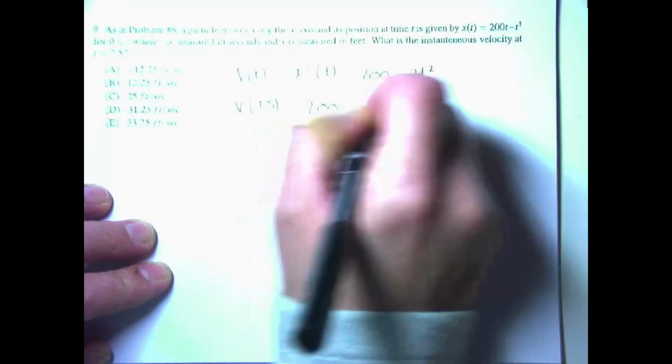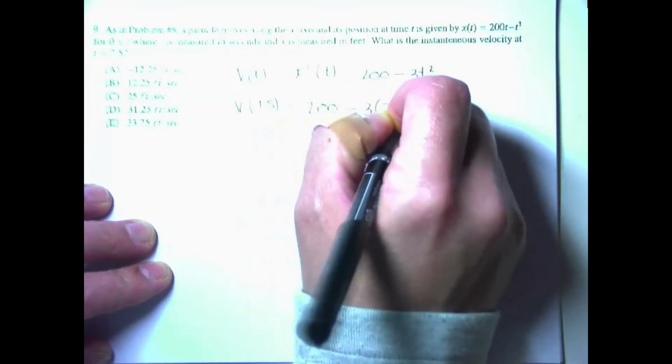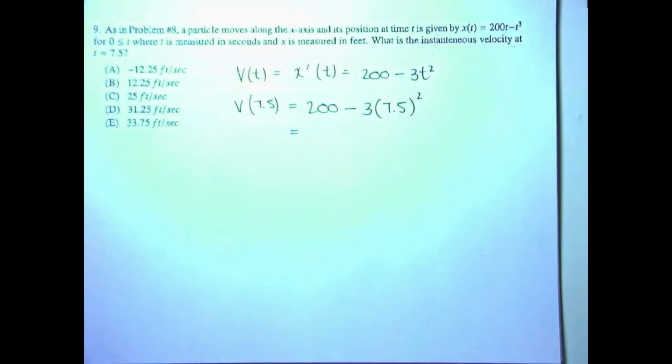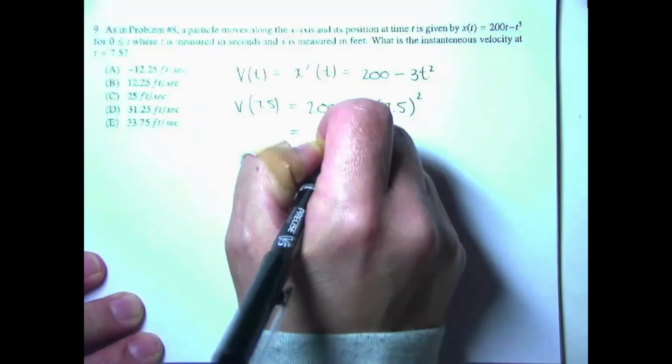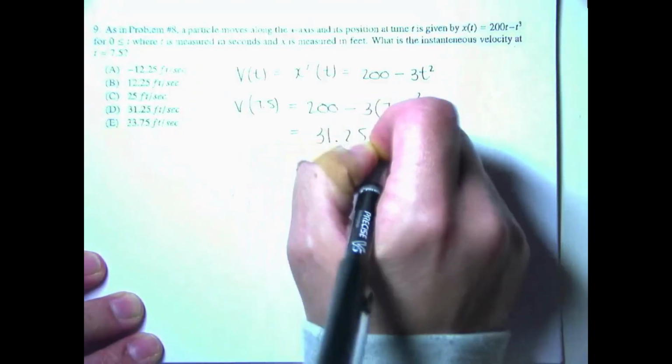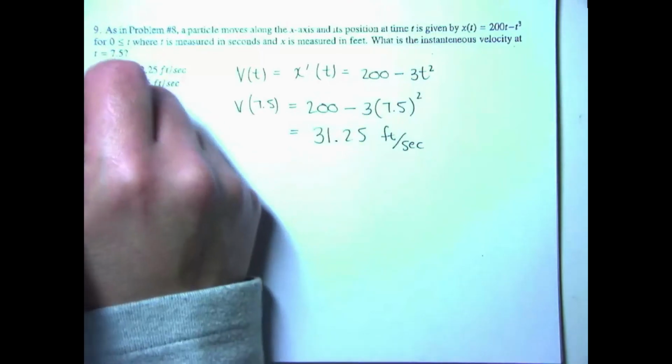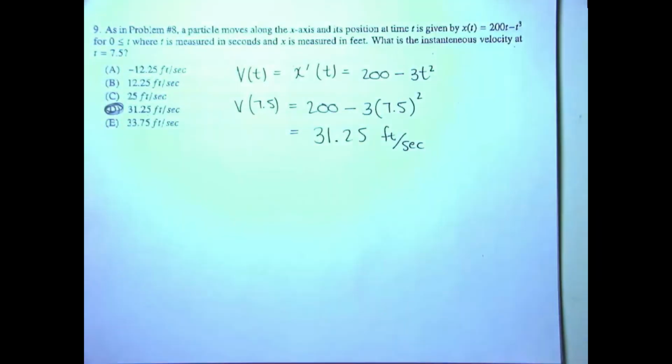That'll be 200 minus 3 times 7.5 squared. I get 31.25. Again, this will be feet per second. So this time the answer is D.